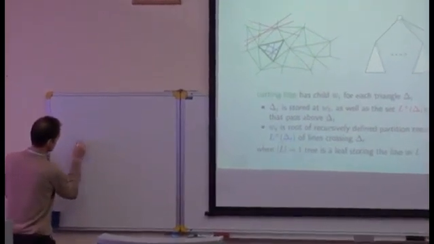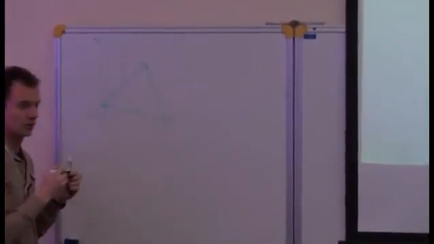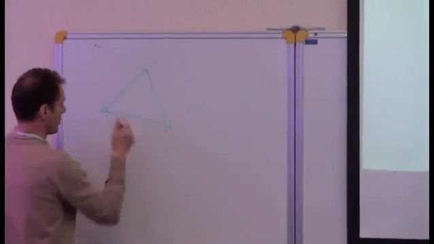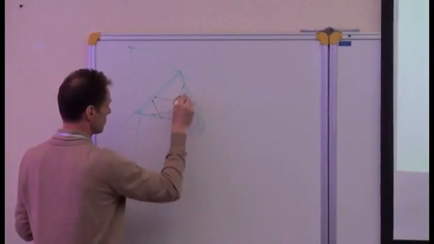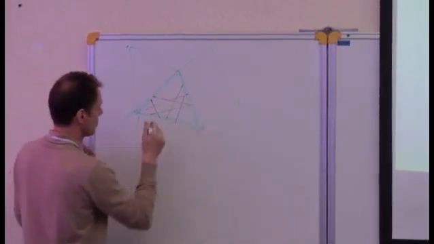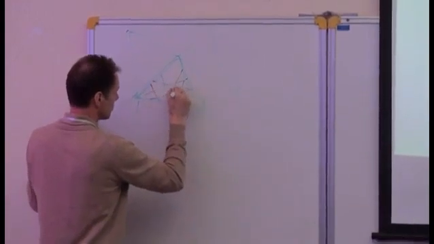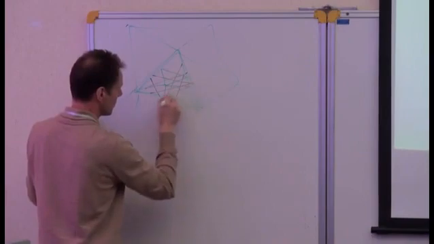Let's look at this triangle. I have lots of lines that cross this triangle. Now in recursion, I'm going to build another cutting.